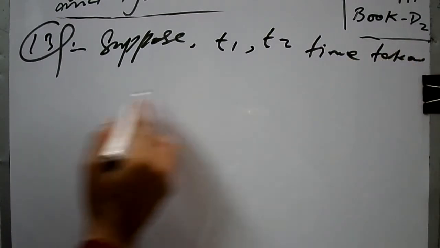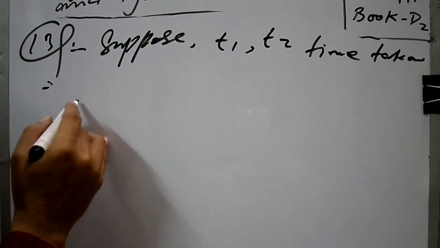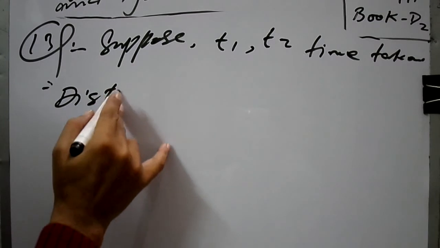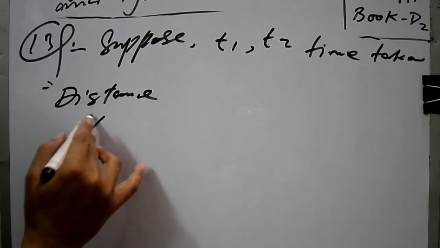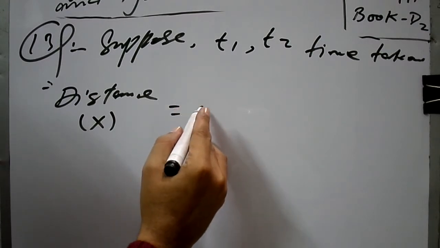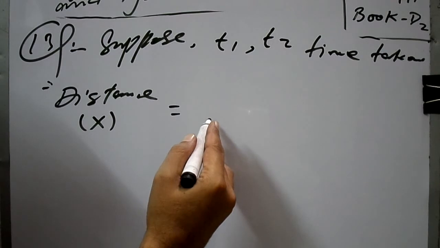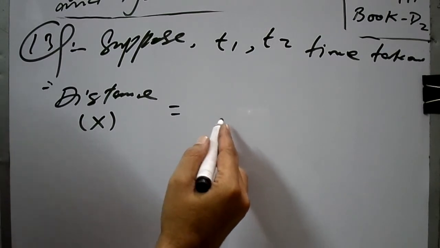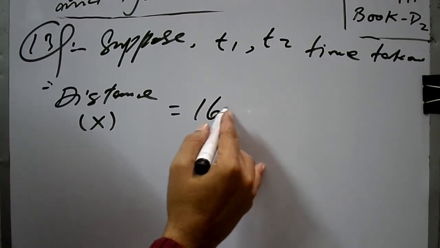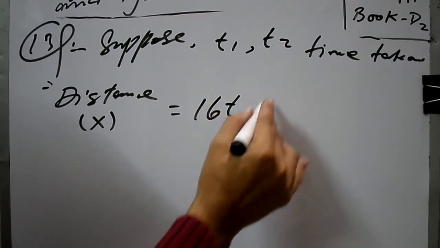So the distance, often represented by x, is equal to 16 kilometers per hour, so 16 kilometers, that is equal to Vt, actually Vt, that is your t1.